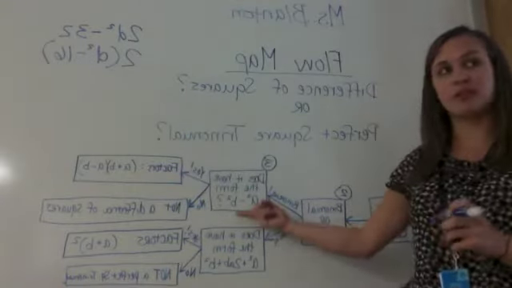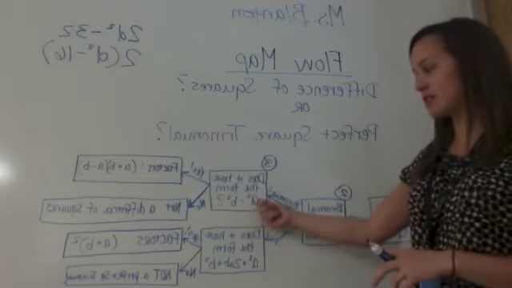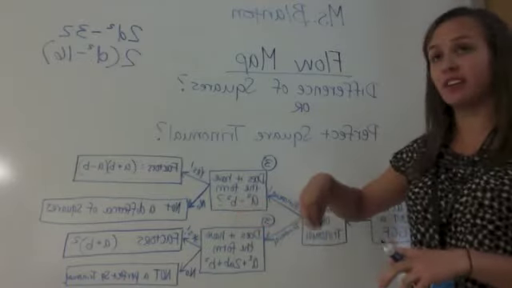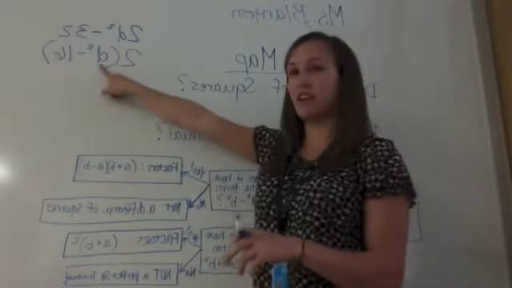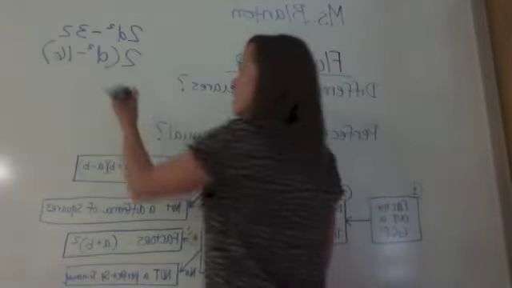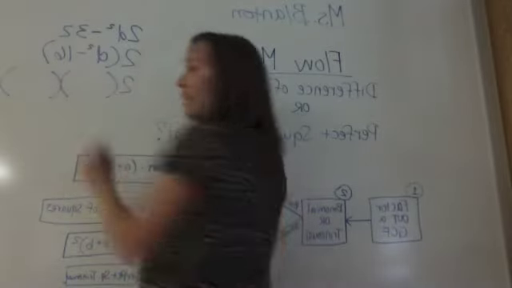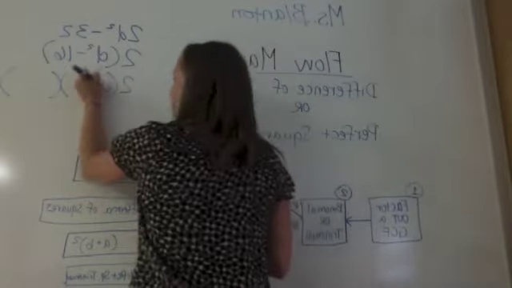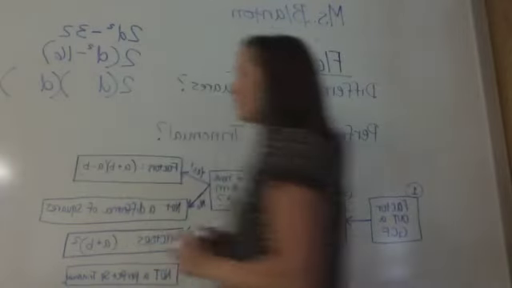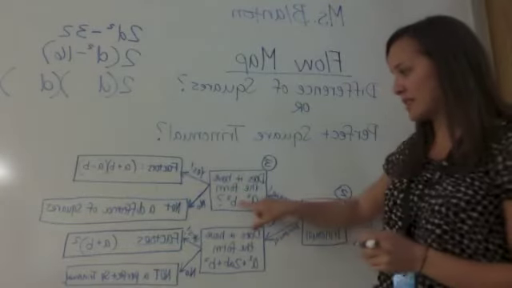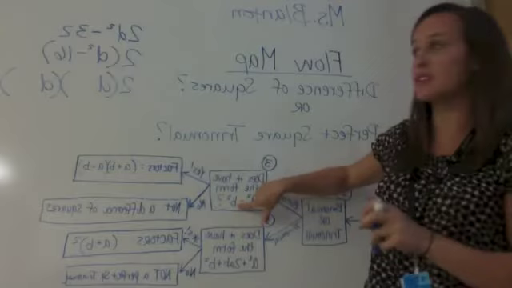Here's the formula. It was a squared minus b squared. So that first thing that's being squared is your a. So what's being squared here? D. So when we write out our factors, your a is d. For the b, it's going to be whatever that thing is that's being squared.